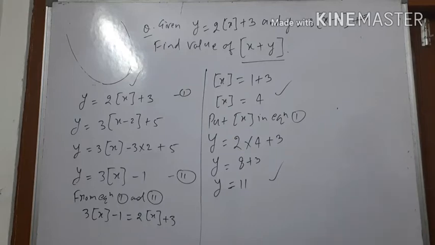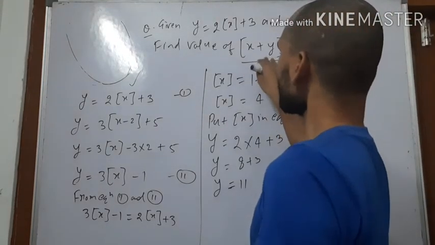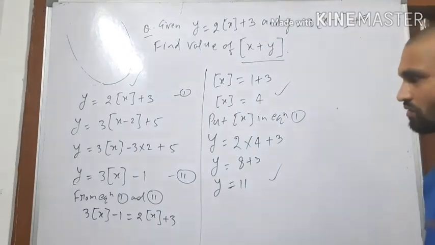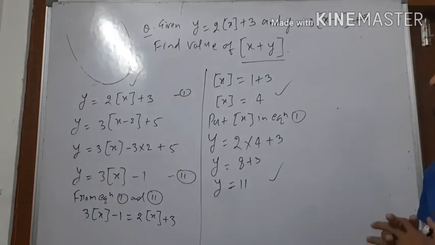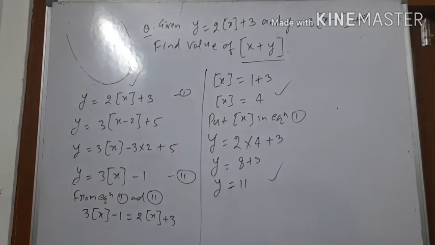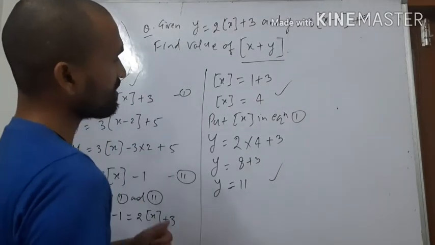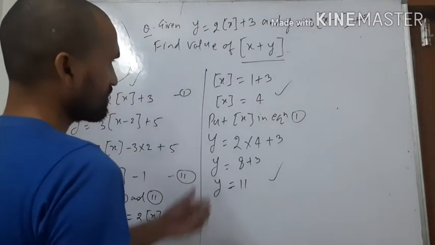Now we have to find out the value of greatest integer x plus y. So if we find the value of x, then we can conclude the greatest integer x plus y easily. So we should convert the greatest integer x in the form of x.